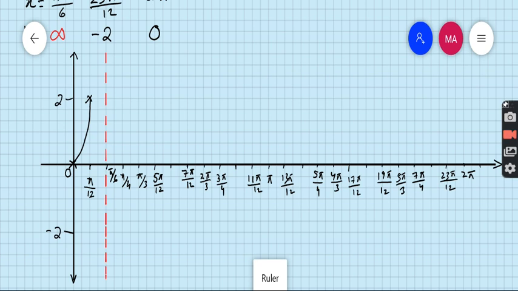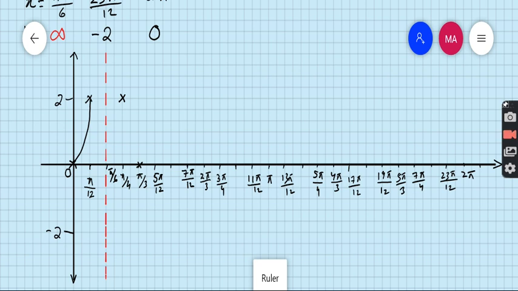Next, at pi by 6, the value is undefined. At pi by 4, the value is 2. At pi by 3, the value is 0.